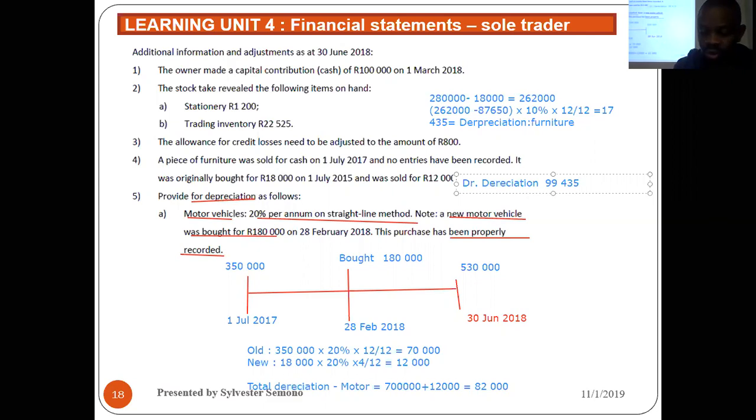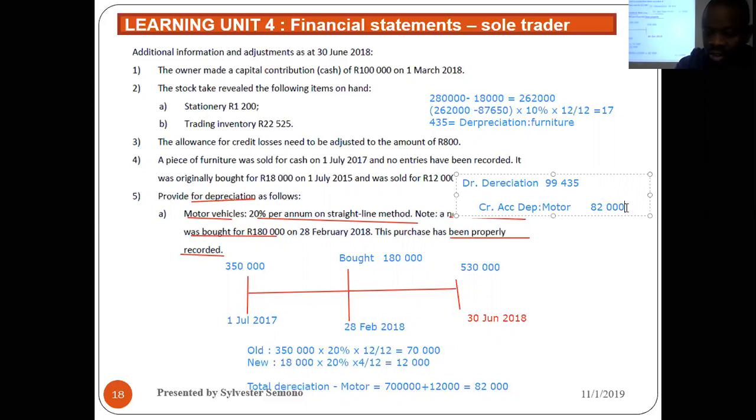Né? So this means you will credit. I'm just doing it roughly. Né? Accumulated depreciation for what? The first one is for, we did the motor vehicle. Né? The motor, which is how much? 82. 1, 2, 3. Né?